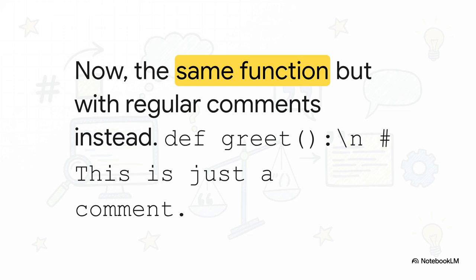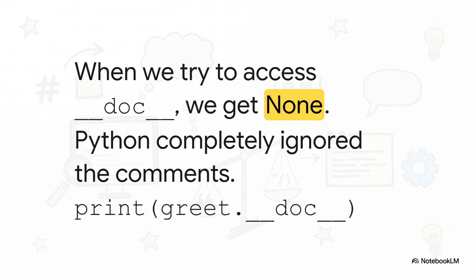Okay, so for comparison, let's look at the exact same function. The explanation is identical, but this time it's written using regular old single-line comments. Now let's see what happens. We try the same trick, we check the __doc__ attribute, and what do we get? None. Nothing. Python completely ignored those comments, just like it's supposed to.